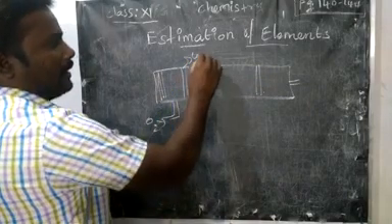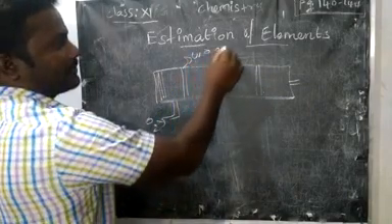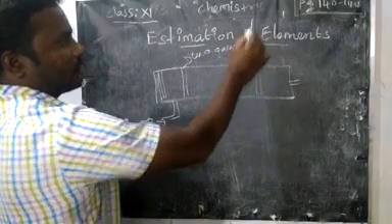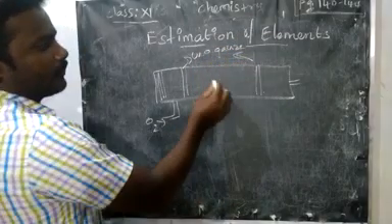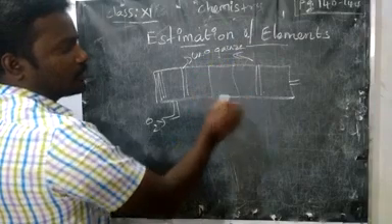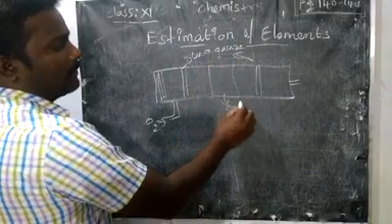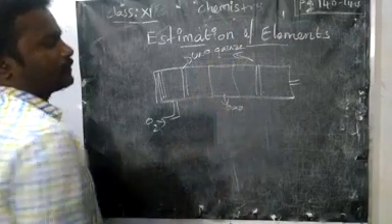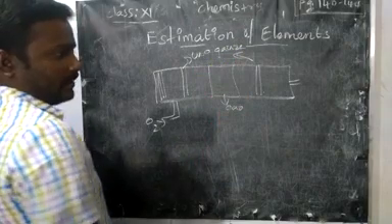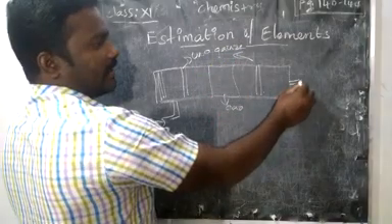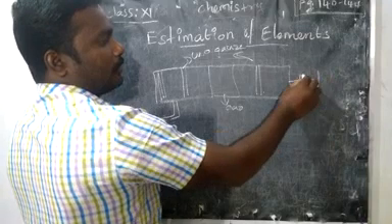Then there is the copper oxide, a small portion of coarse copper oxide. Then this is connected with two U tubes.